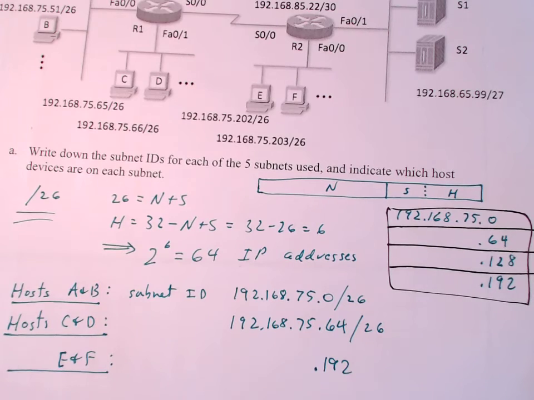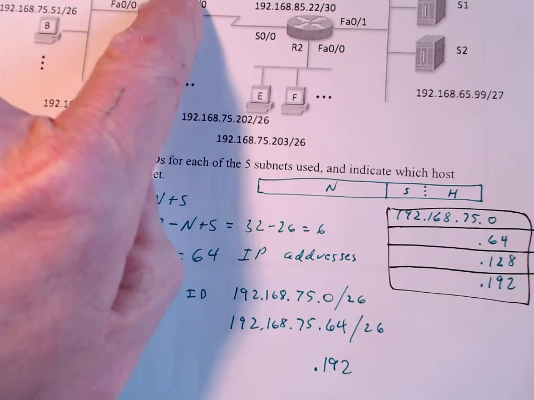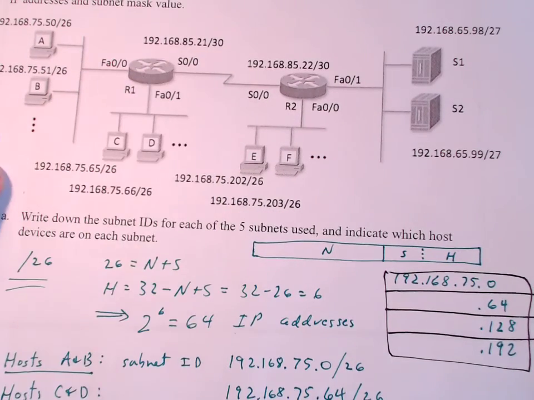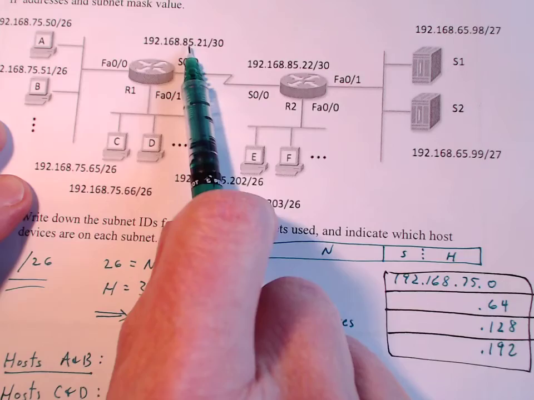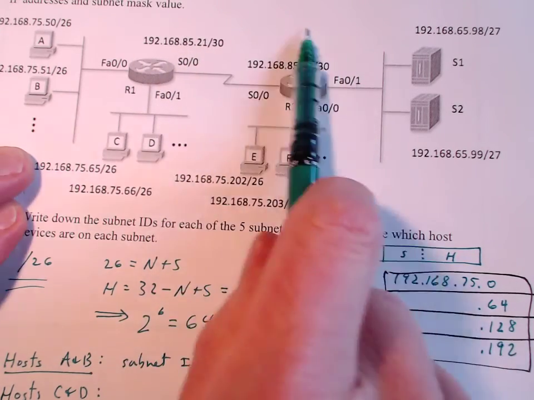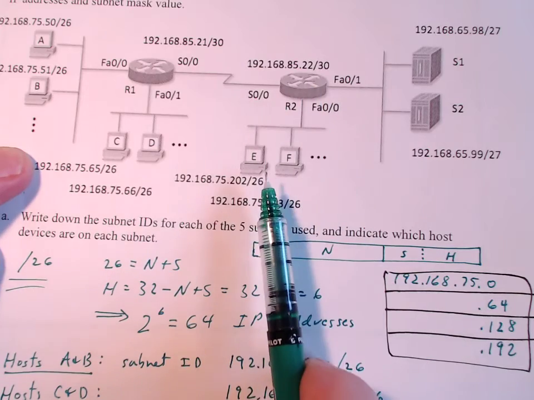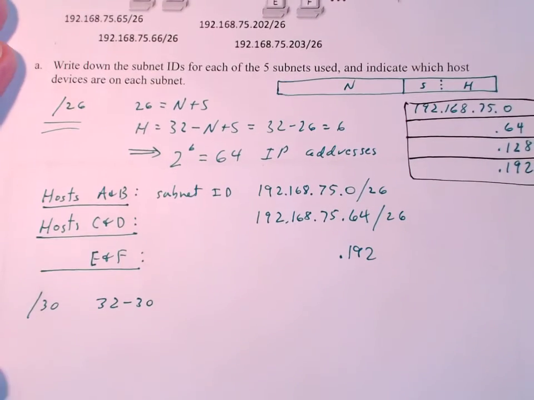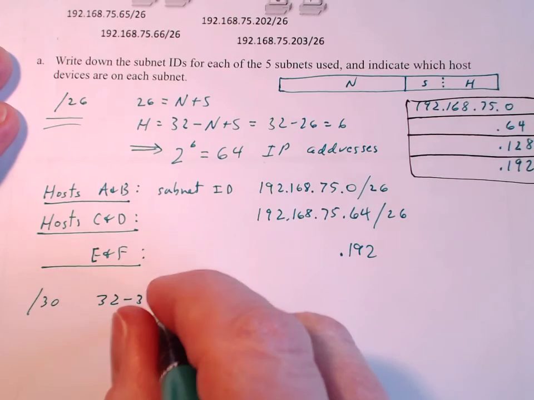Now, what about these two addresses, .85.21 and .85.22? They are on a /30 subnet. And /30 subnets are the smallest ones. So let's look at a /30. 32 minus 30 is equal to 2.